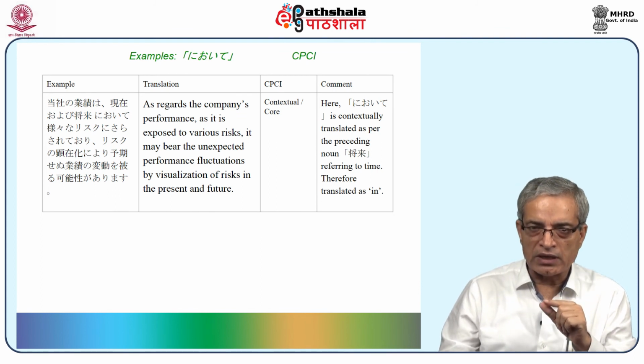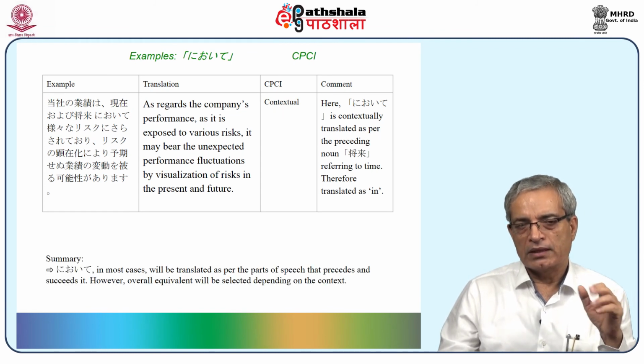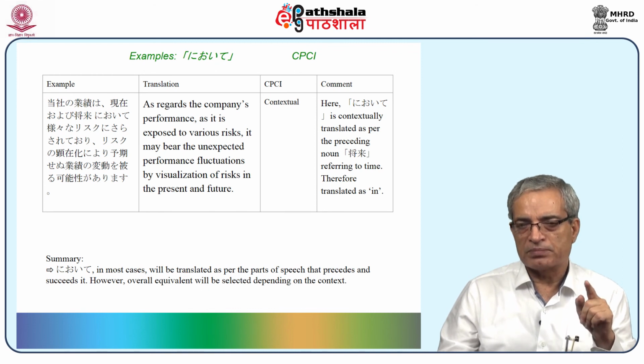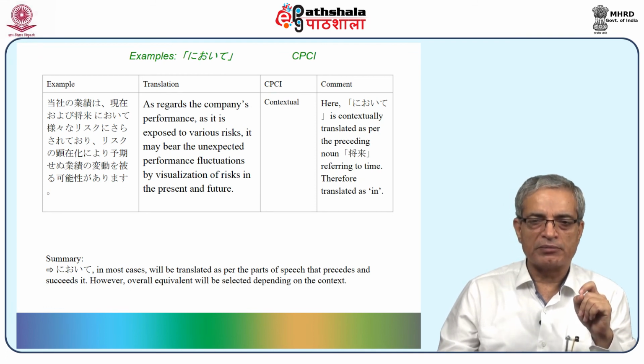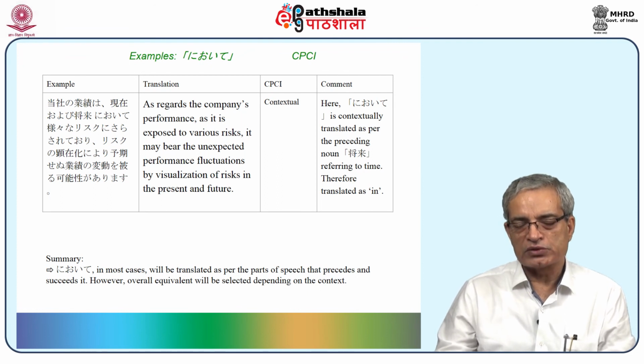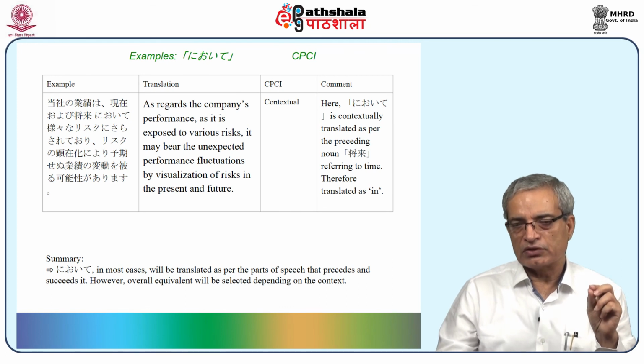So the dynamism or dynamic part is going into the verb here. And neo-8 in most cases will be translated as per the parts of speech that precedes and succeeds neo-8. However, overall the equivalent will be selected depending on the context only. So as we have seen in the previous modules also, expressions normally are translated vis-a-vis or with reference to the context.